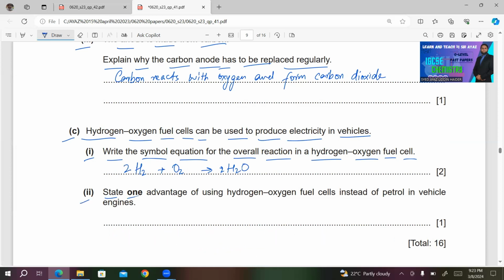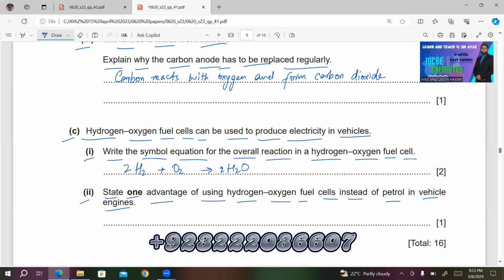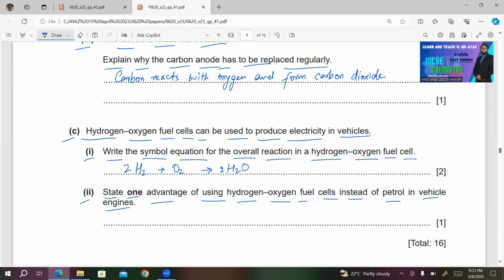Number 2, state one advantage of using hydrogen oxygen fuel cells instead of petrol in vehicle engines. It produces almost three times more energy than petrol, or you can say more efficient, and it does not produce carbon dioxide.